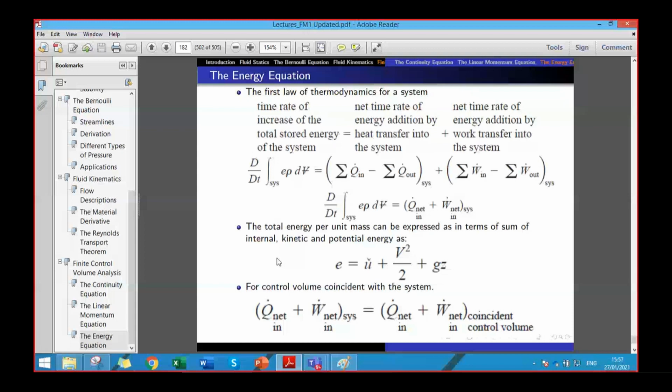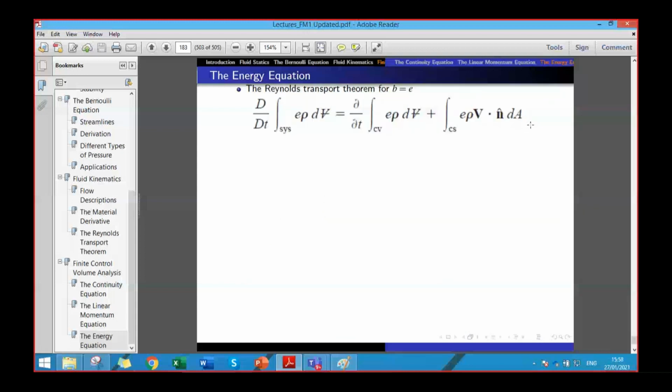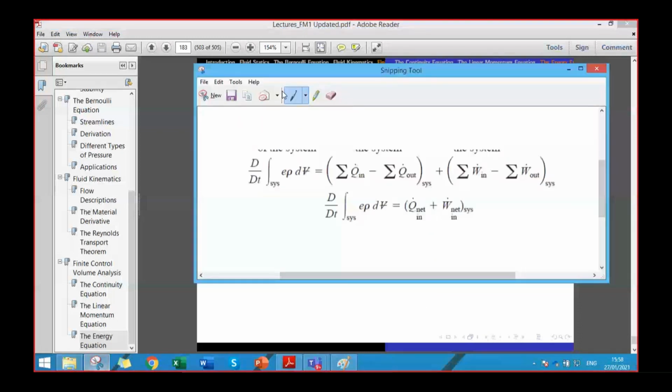Is this equation clear? Is the equation clear?